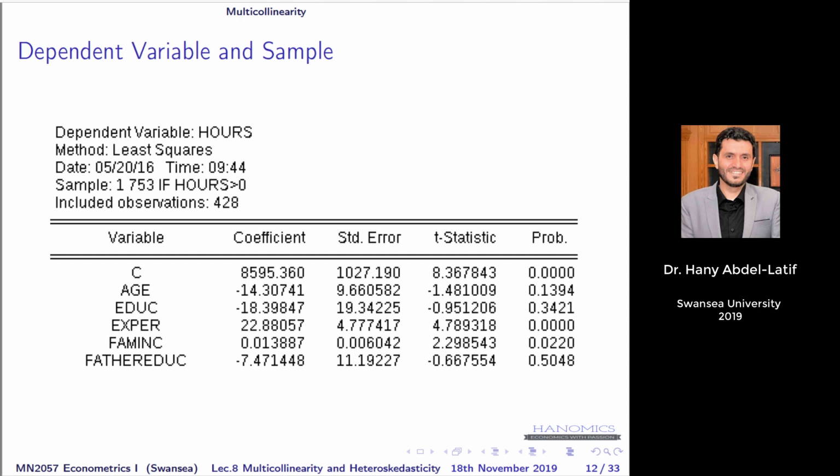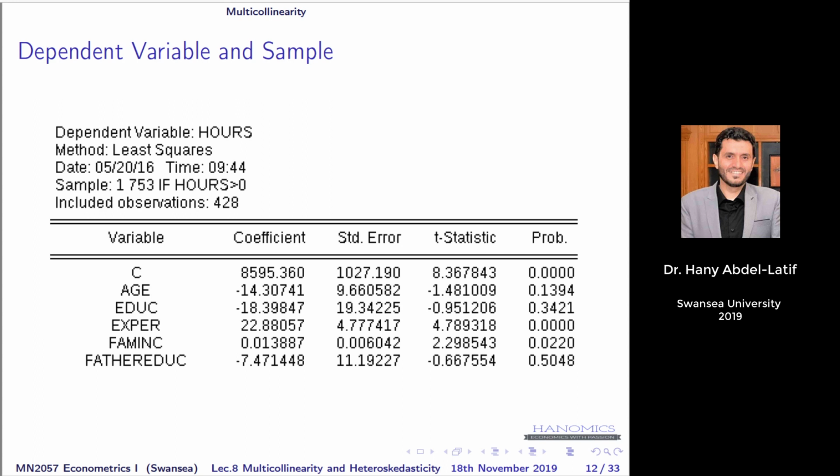And notice here that I actually restricted my sample to those with hours greater than 0. So if you look at the fourth line, you'll see sample 1 to 753. This is the total number of observations.